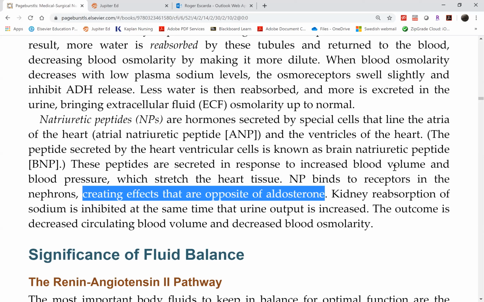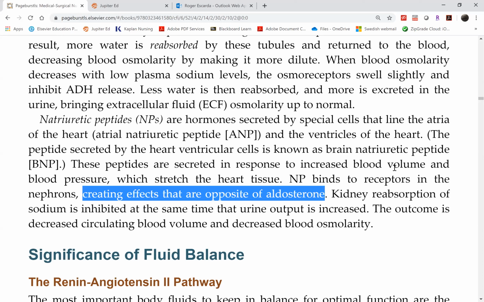So let's review. Aldosterone causes fluid retention, correct? And therefore, what happens to your urine output when you have aldosterone release? Decreases. Correct. Now, if we have a BNP release, which is now opposite that, what happens to your urine output?